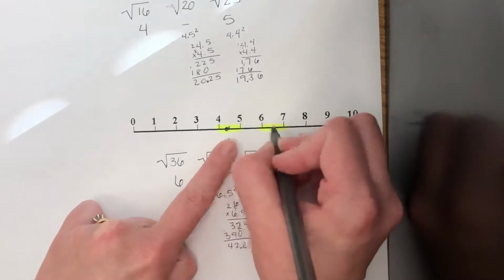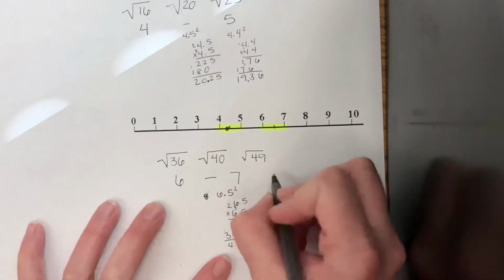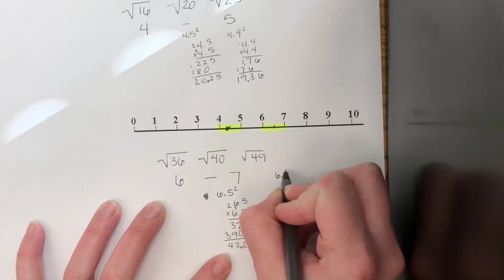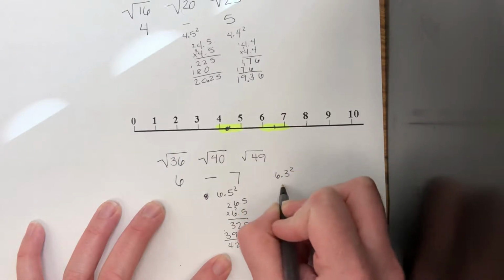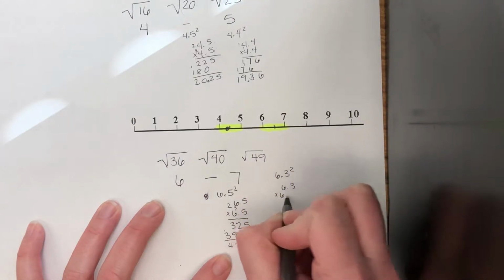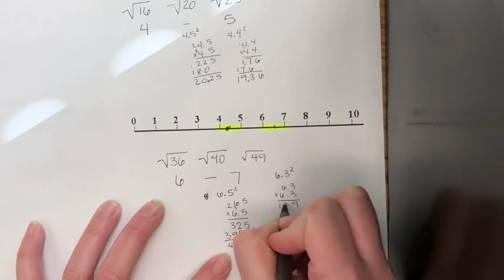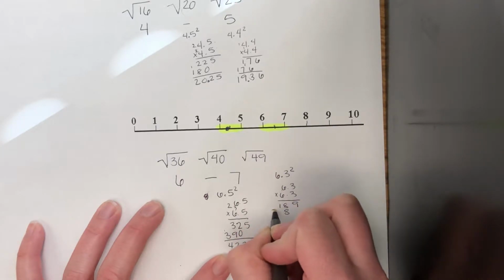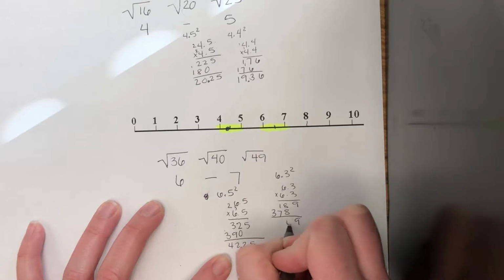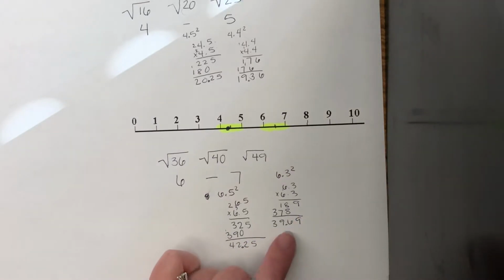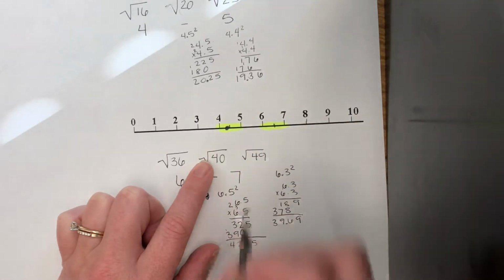So it's going to be lower than 6.5. Let's try 6.3. That's 39.69. That is pretty close.